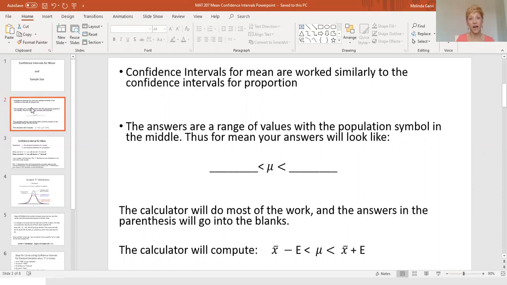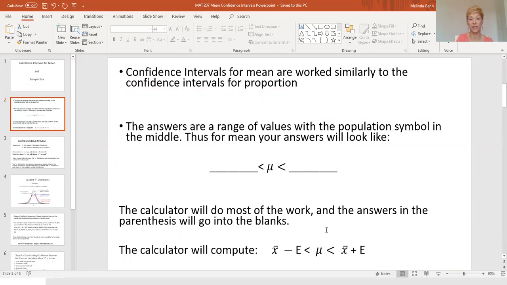So if it tells you to write a confidence interval for proportion or percent, you put a P between two blanks. But like this video, if it tells you to write a confidence interval for mean, then you put a mu between two blanks. Now, do you understand why it's a mu and not an X bar? We can't use X bar because that's a sample symbol, and confidence intervals always use population symbols.